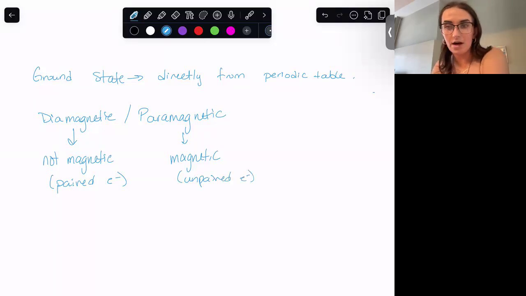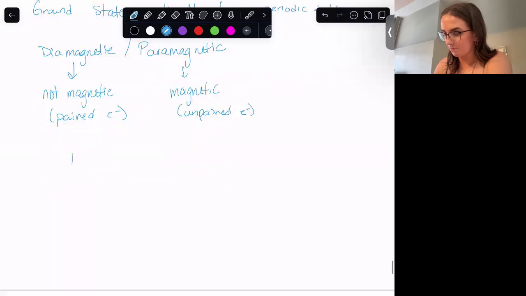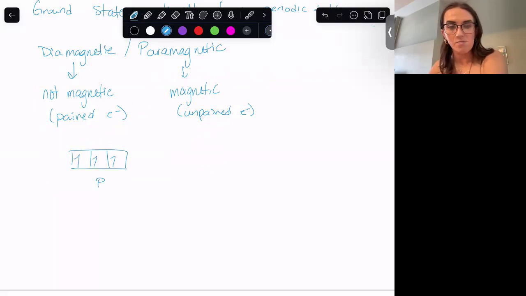So if we're looking at an element's electron configuration, if we have something in the p orbital, let's say, and we have 3 unpaired electrons, is that going to be dia or paramagnetic? Good. Yep. This one's going to be paramagnetic. Okay.